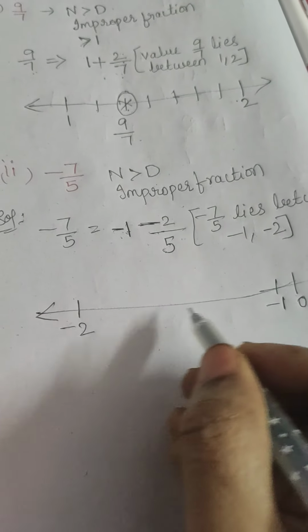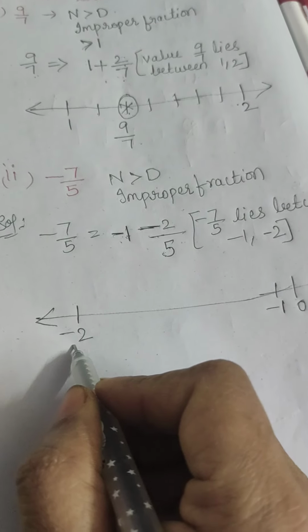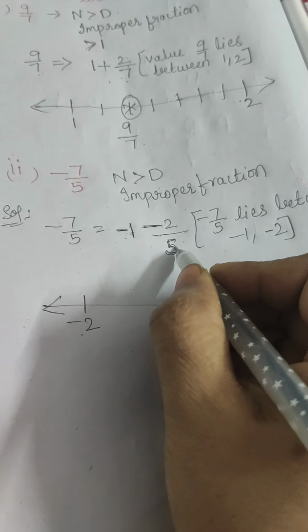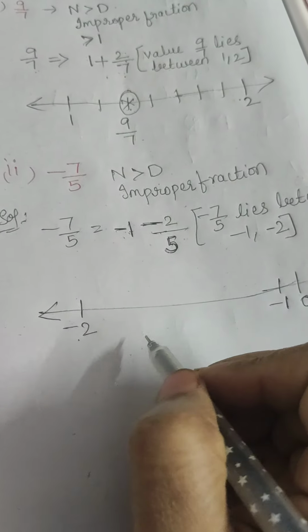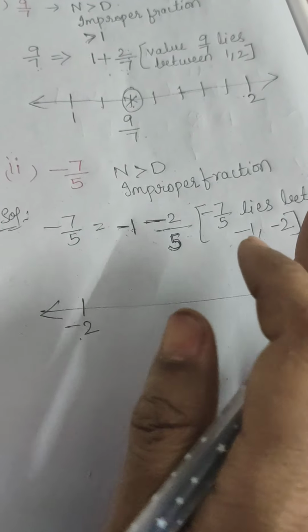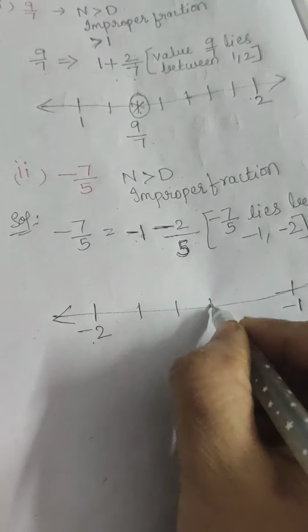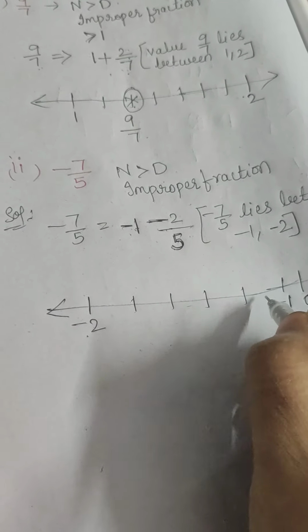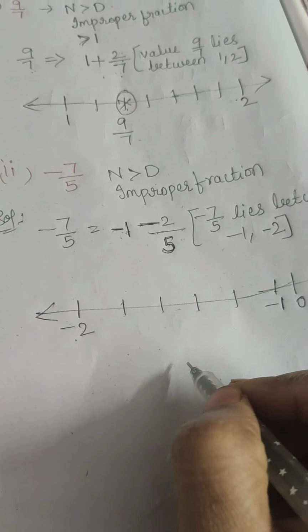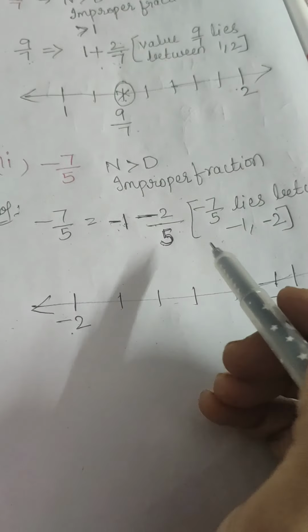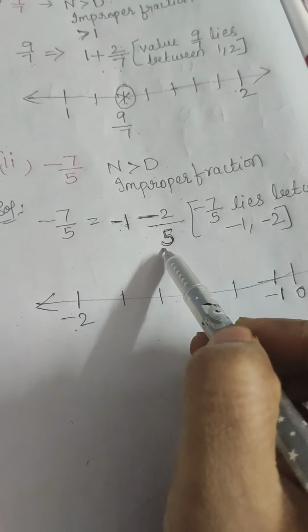Between minus 1 and minus 2, how many parts should we make? The denominator is 5, so we should divide into 5 parts. 1, 2, 3, 4 and 5 parts. From these 5 parts, how many parts should we take? We should take 2 parts, 2 by 5.